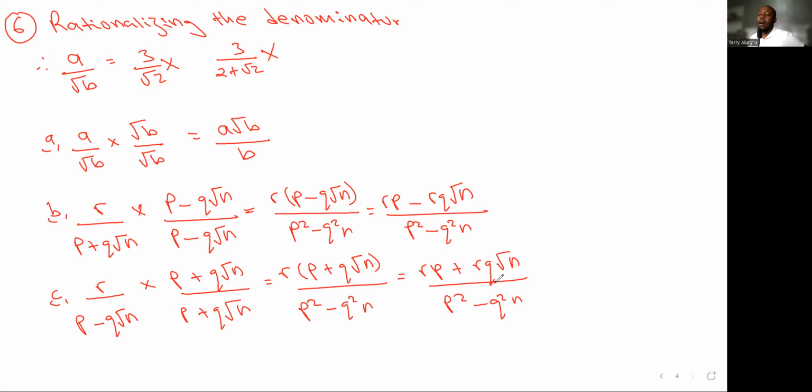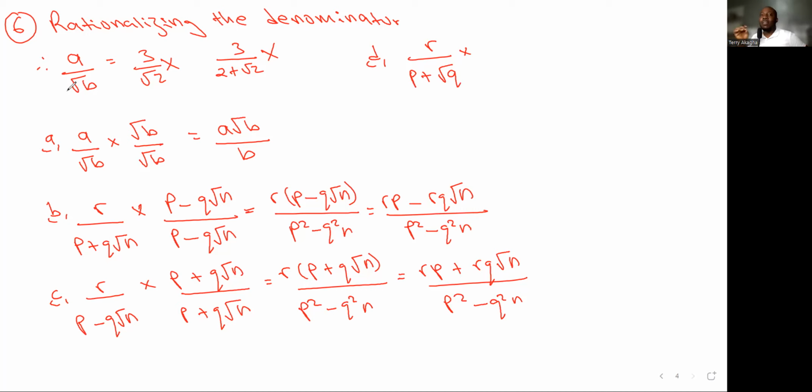Okay. I'll just pick one more example as well. Let's say we have R divided by P plus root Q. Okay. So the same thing, you're going to multiply by the conjugate. So regardless, when you have a compound surd, you multiply by the conjugate. But if it's just a simple surd, you just multiply both numerator and denominator by the simple surd itself.